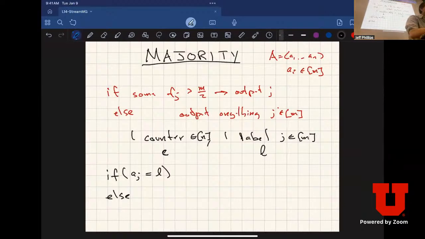I'm going to increment the counter. If it's equal to the label, then my counter is going to be counter plus 1. Maybe I'm counting the thing I'm seeing, so I should increment the counter. If it's not equal to the label, what should I do? Great, I should decrement the counter, minus 1.